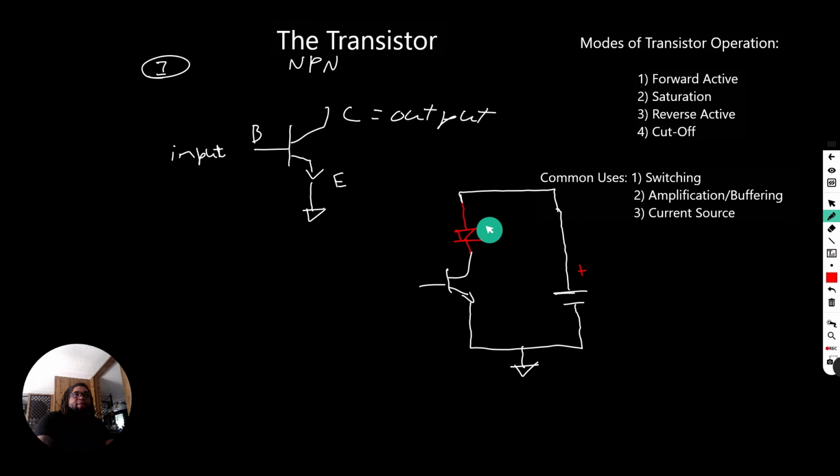And we have an LED, or a light emitting diode. Just so you remember, that's the symbol for an LED. For this moment, I'll leave that off because right now the LED is not on.